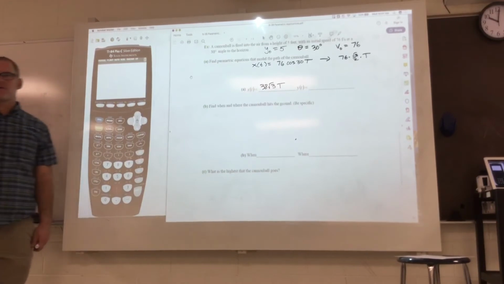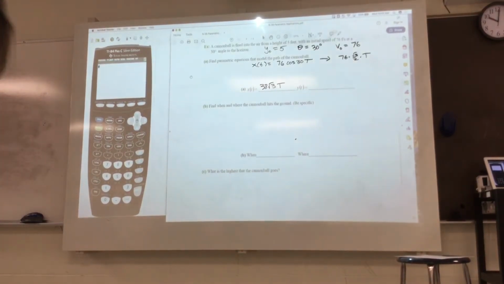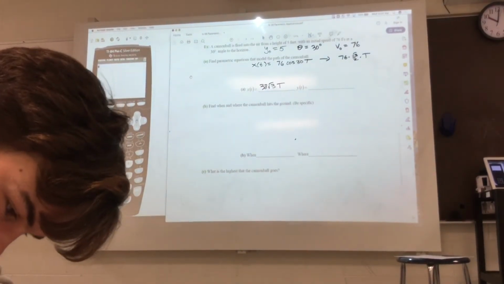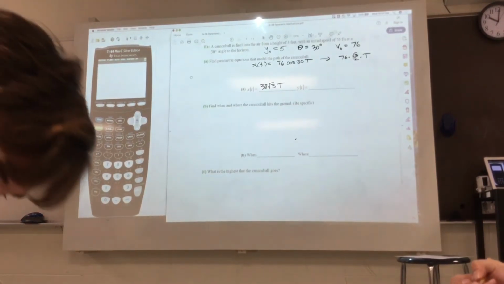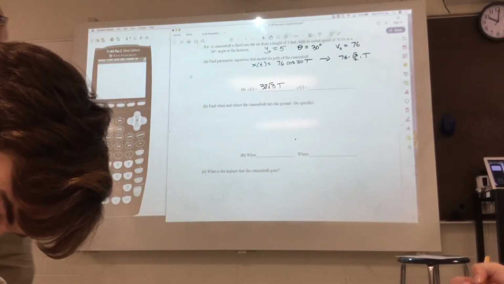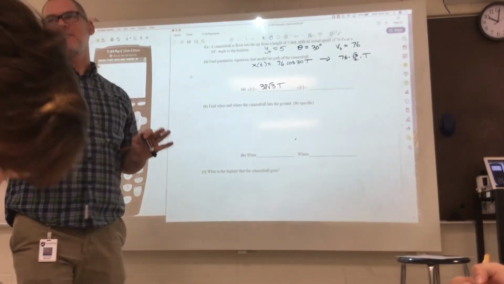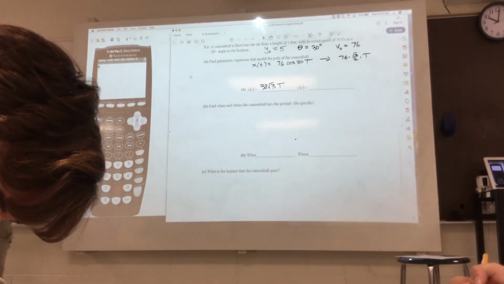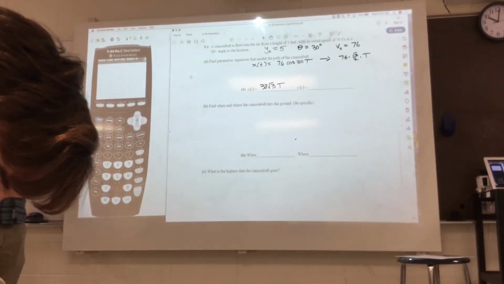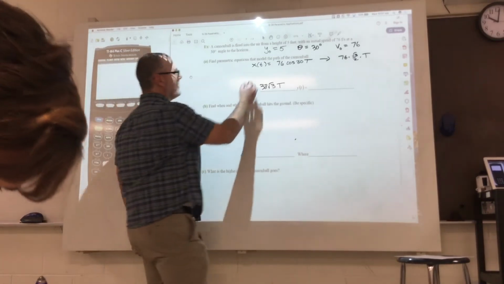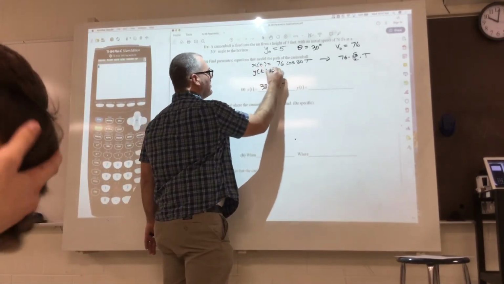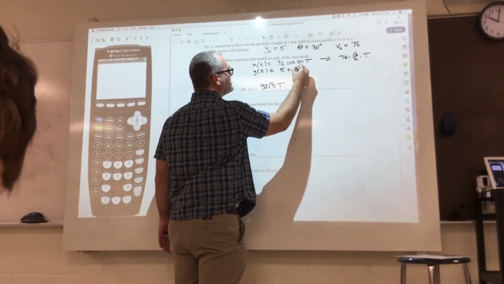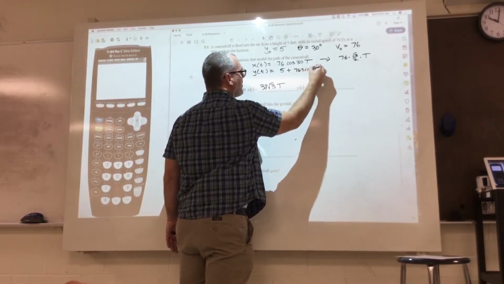If it's on the unit circle, I suggest emphatically that you reduce it by hand. It's going to make your equations a lot easier. It's going to make solving things a lot easier. Typing them in the calculator is easier. All right, so y of t will be 5 plus 76 sine 30 t.